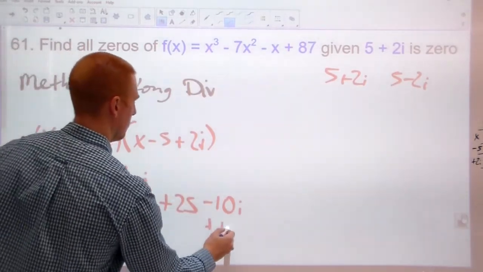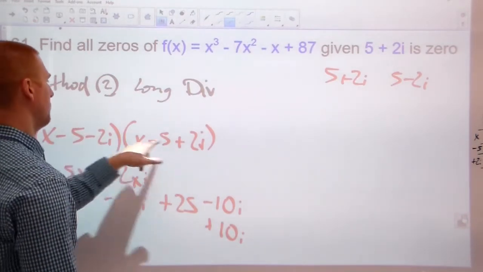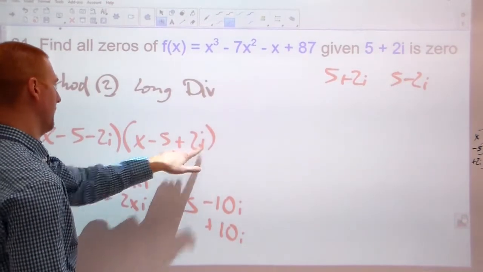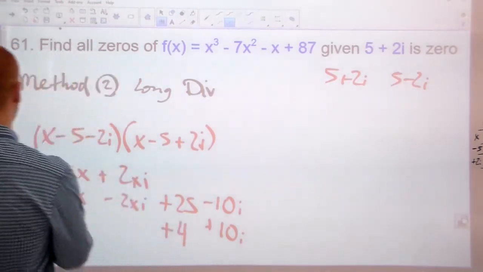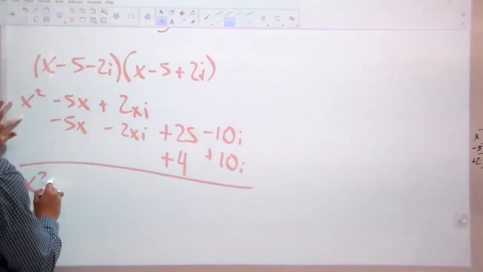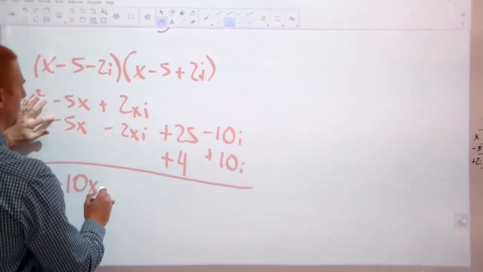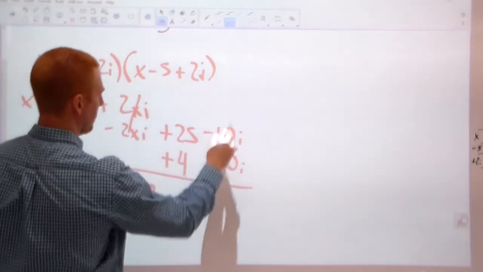A lot of things that they're going to add out now. And then negative 2 times 2 is negative 4, but times i squared makes it positive 4. So let's see what we get when we put all that together. We've got an x squared. We've got a minus 10x. These add to 0. These make 29. And these add to 0.